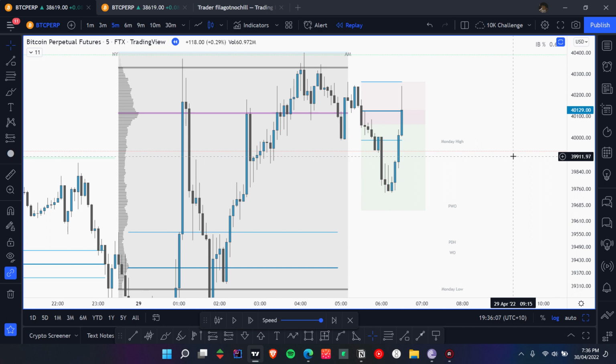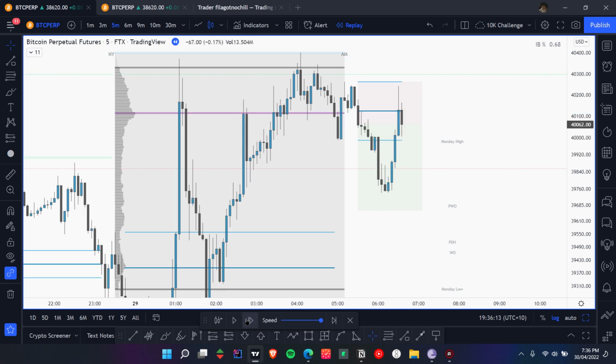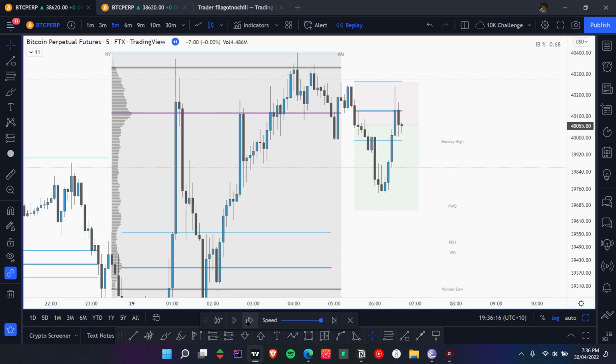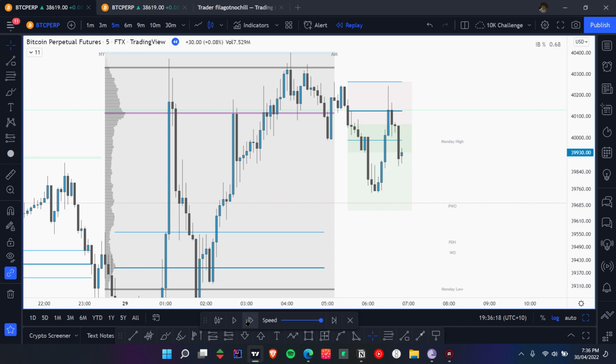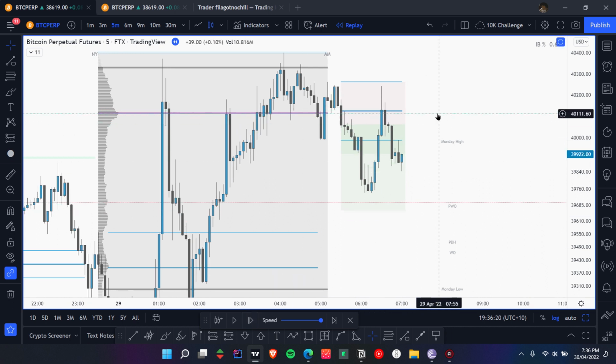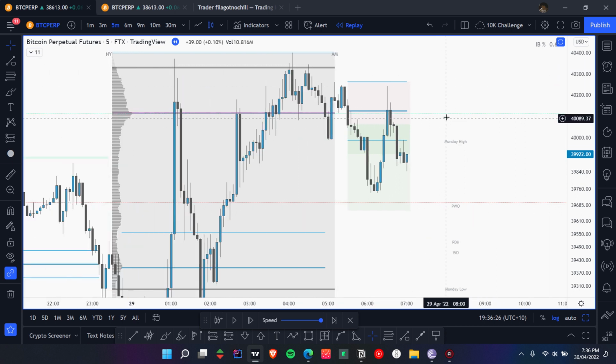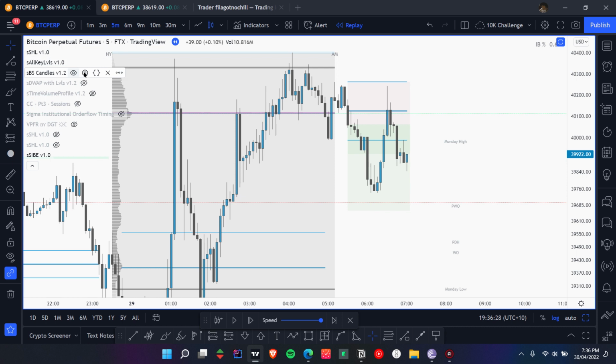Instead, what I'll do, I'll add more into this position. Now I added more. Okay, see these 2 lines that are moving? This is what I call basically the moving stop loss. You can get this with SBS candle, right?